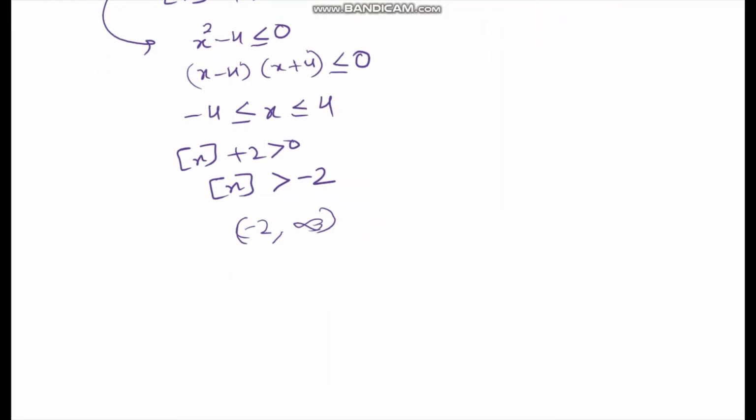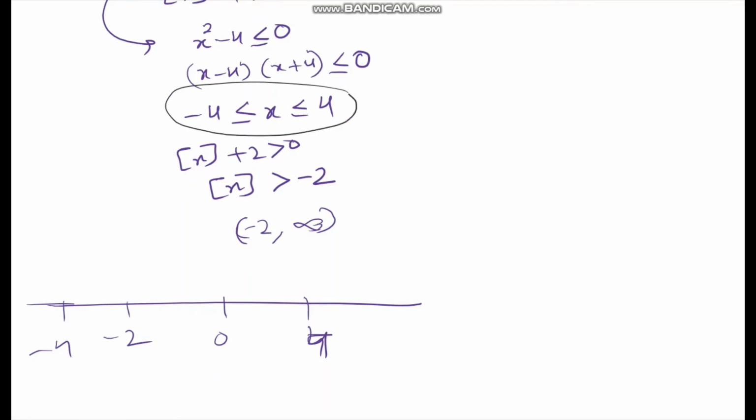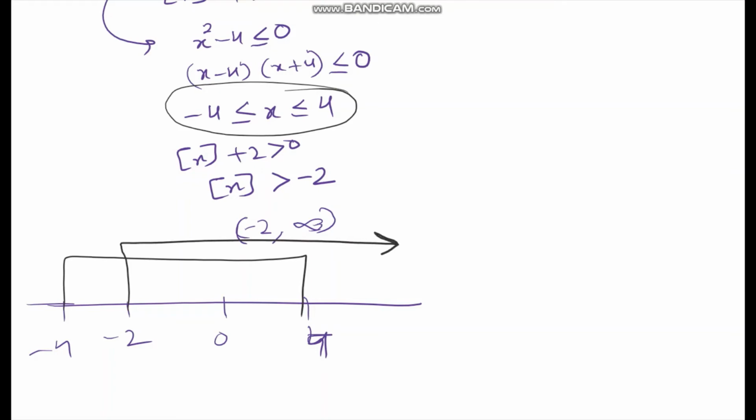So if I plot on the number line, this is 0, minus 2, minus 4, plus 4. So the first case is that x should be lying between minus 4 to 4 and step x is more than minus 2. So this is the condition.